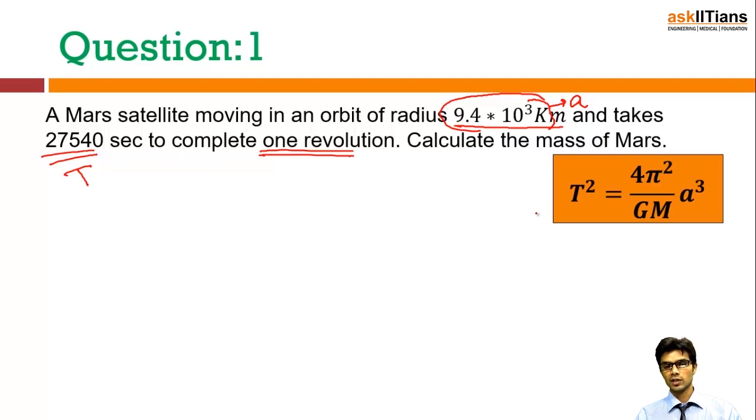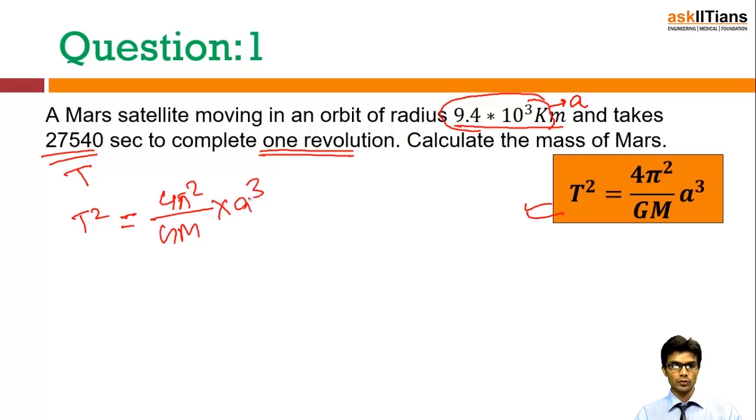Apply this formula. T square is equal to 4 pi square by G M into a cube. Your time period is equal to 27540, we are putting this in seconds. 4 pi square, the value of G is 6.7 into 10 to the power minus 11.